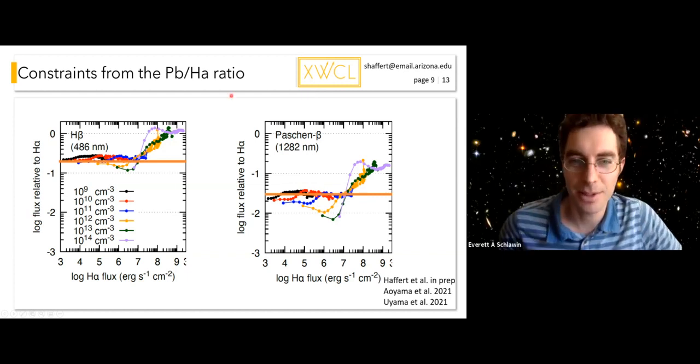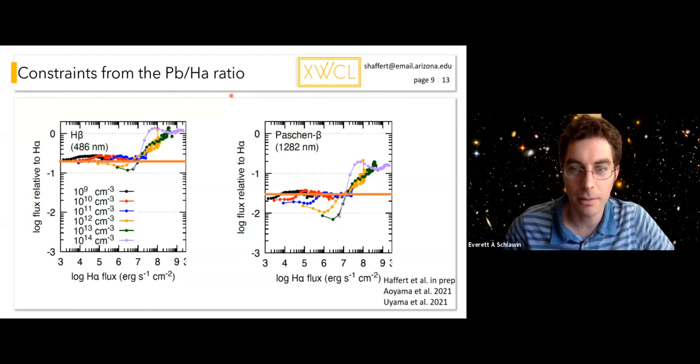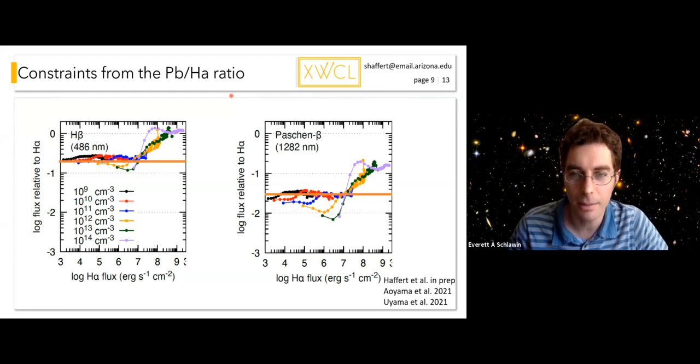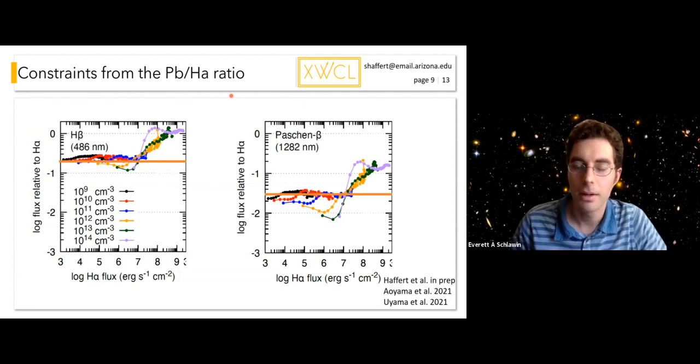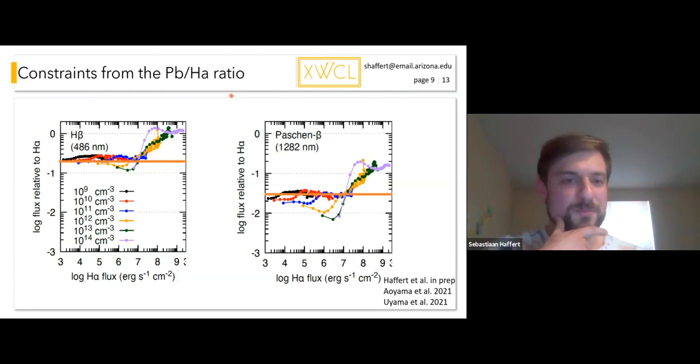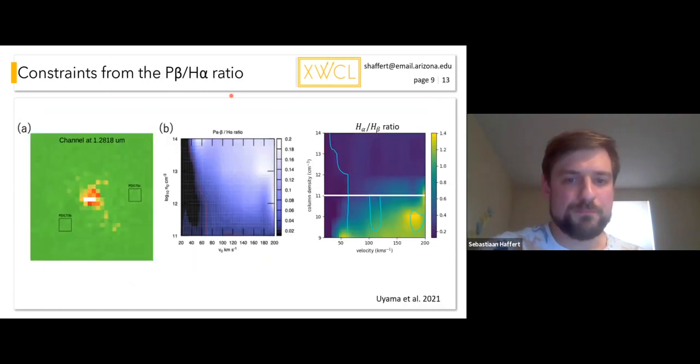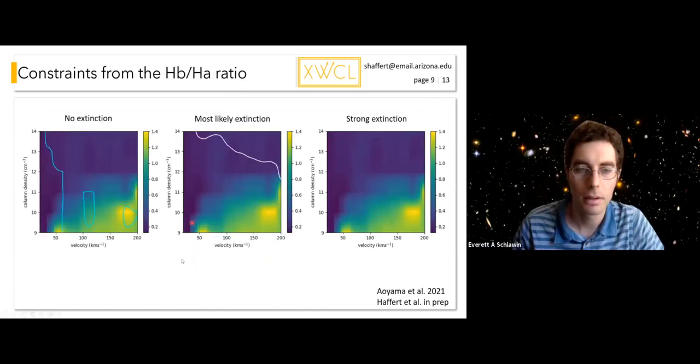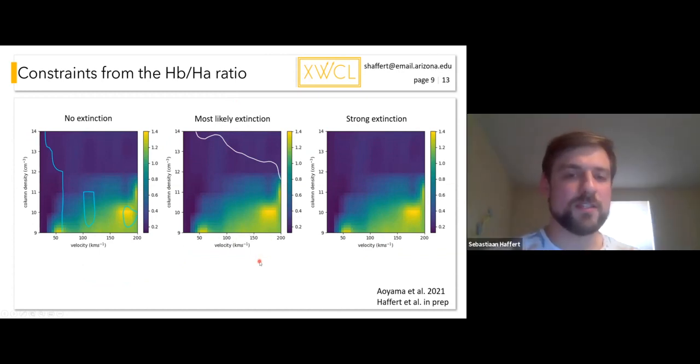Thanks for the talk, Sebastiaan. I was wondering if the line width tells you anything about the accretion, or is it just unresolved? Yeah, in principle the line width could tell us a lot, mostly constraining the infalling velocity.